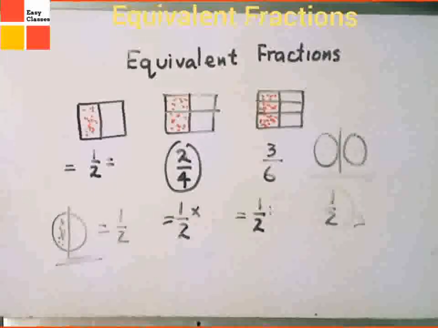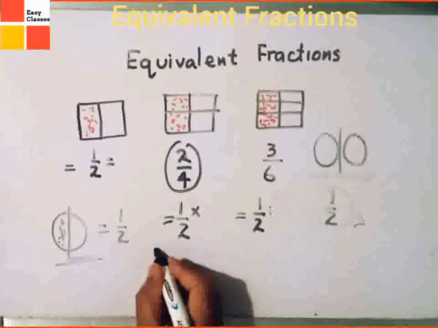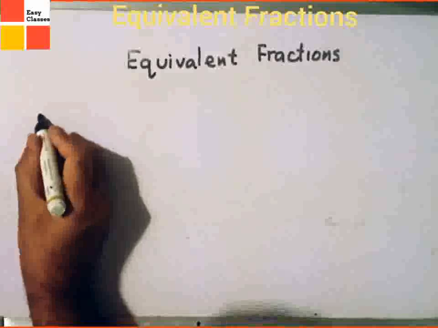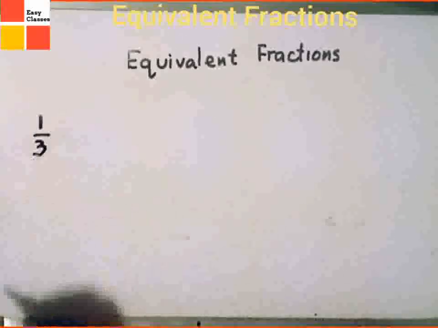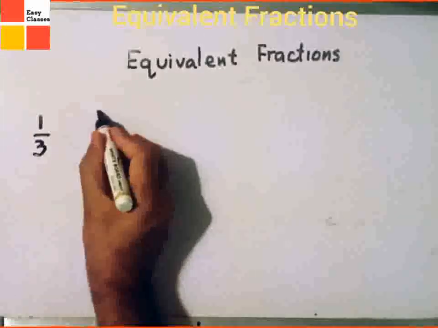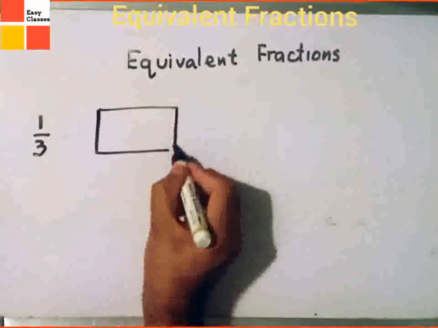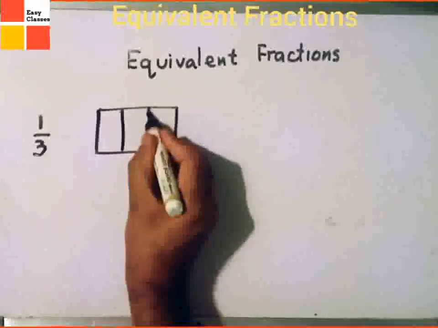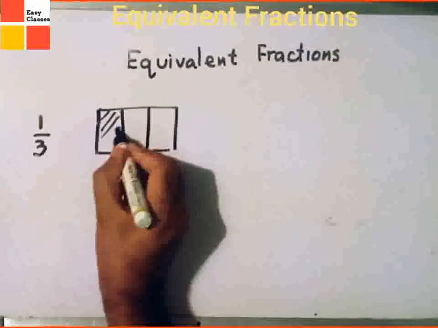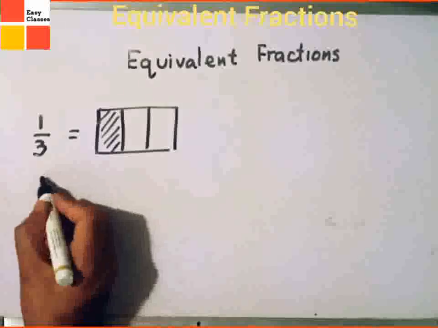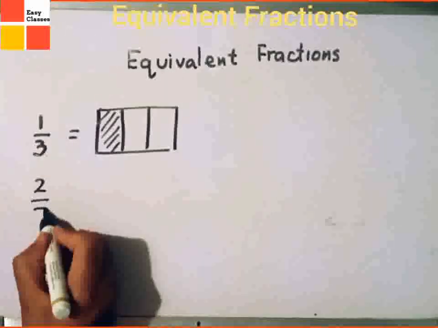Let me ask you a question. See, 1 by 3, say for example 1 by 3. This can be put diagrammatically: 3 parts. This is 1 by 3. Now there is another fraction, 2 by 7.